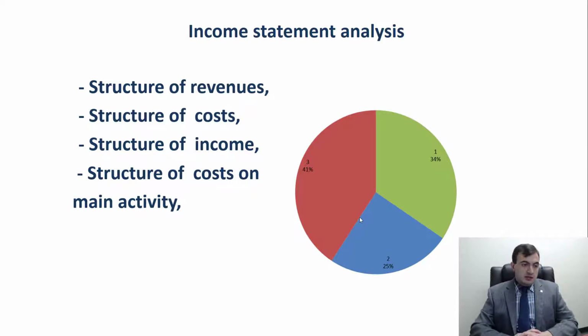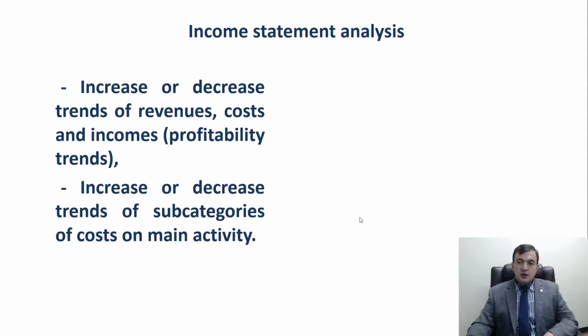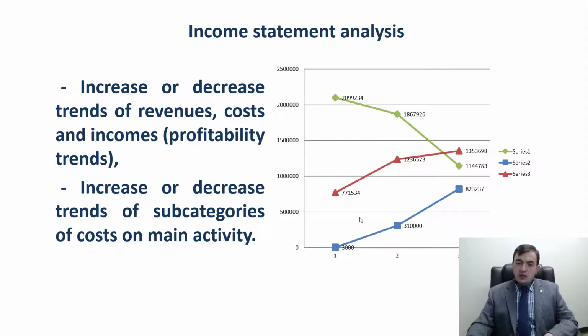With the same logic, we can break down and show in a pie chart the structure of costs and also the structure of income, and we can break down the costs on main activity too. And if we want to observe the increase or decrease trends of revenues, costs, and incomes, we can use this kind of chart.